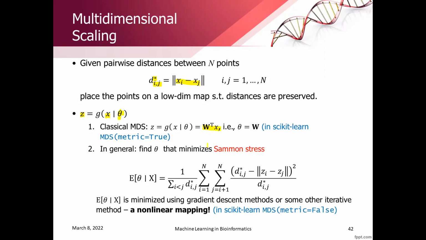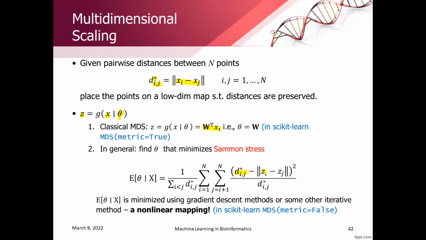This is very similar to what we did in PCA, for example. But in general, if we would like to preserve the distances, we can relax the requirement of linear mapping. We can use any mapping, and instead of linear transformation, we can decide to minimize the so-called Sammon stress. Let us look at this formula. Here we have the distance in the original space between a pair of observations i and j.